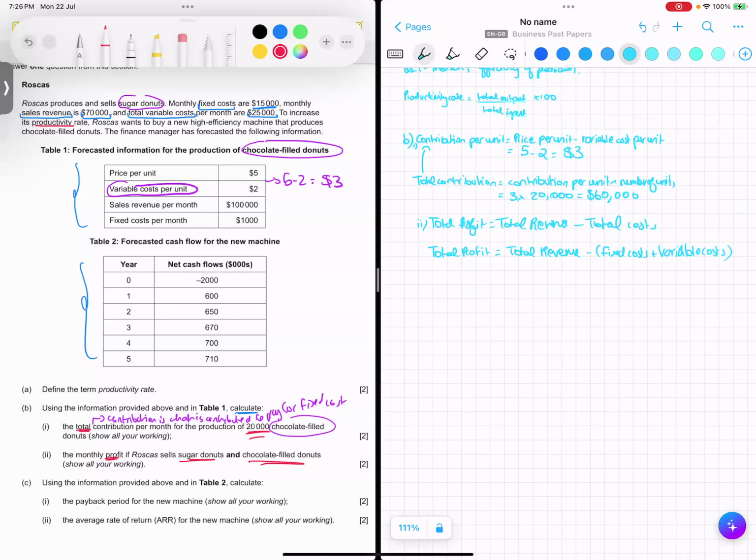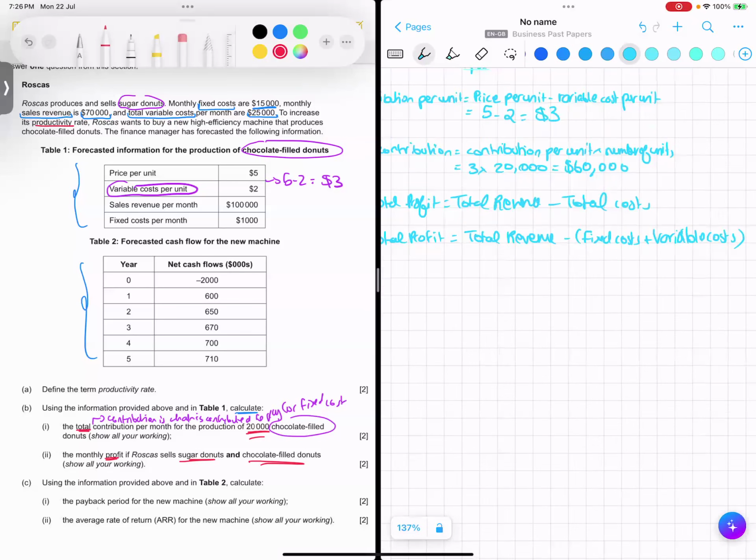So let us now do this. Okay, so we're gonna split the chocolate and the sugar donuts just so you guys can really get it. So here we have for sugar donuts, right? We have for sugar donuts, the total revenue, right, is 70,000. They gave it to us here. So here we put 70,000.